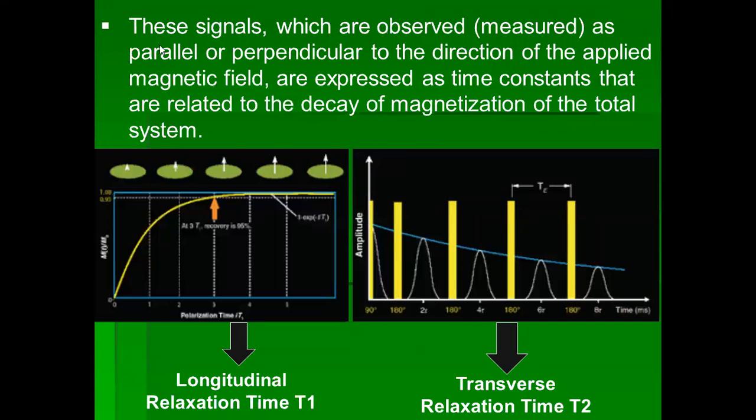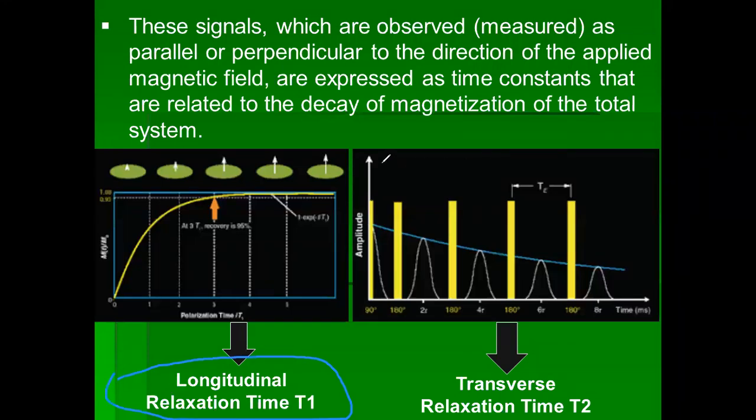So finally, we can get the raw data here as being two time constants. From the polarization stage, we have an increase of the magnetization with time, and this produces an exponential curve with a time constant called T1, or the longitudinal relaxation time.